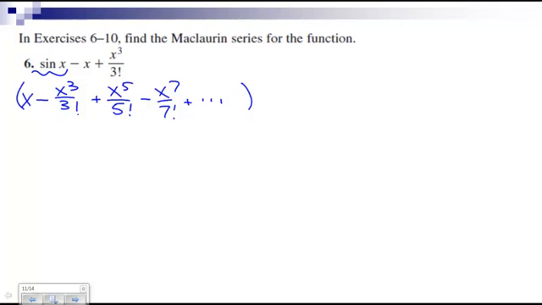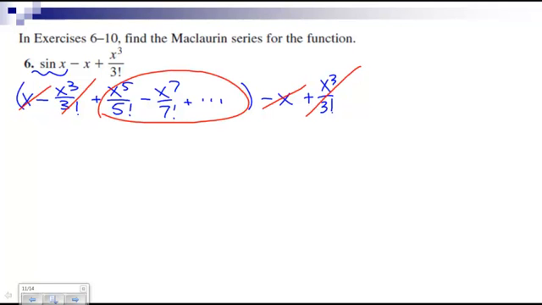And then you just cancel out x. Minus x plus x cubed over 3 factorial. Then we switch over to the red marker. Let me just change the color of the pencil. So what is the Maclaurin series expansion of this function? That. All that's left over. Okay. Easy? Get her done.